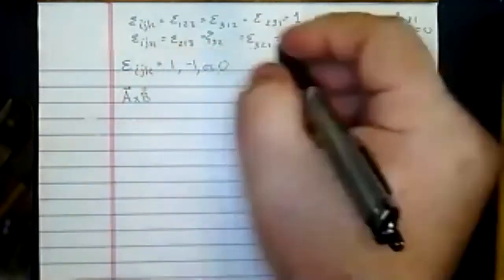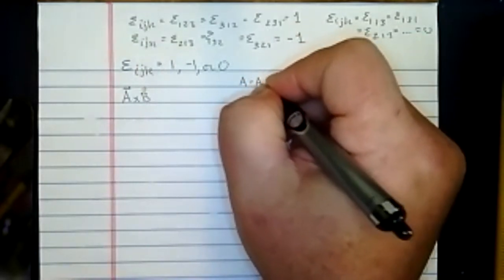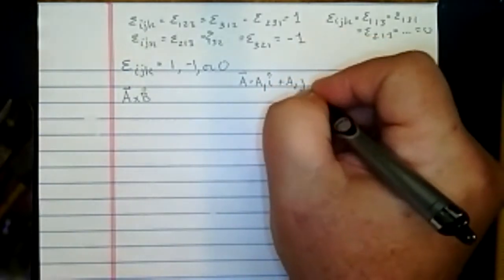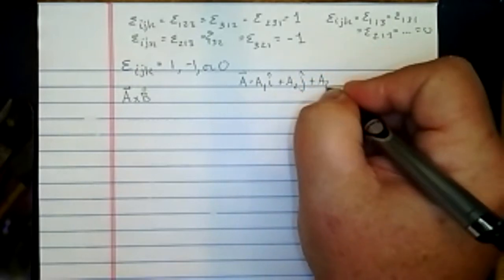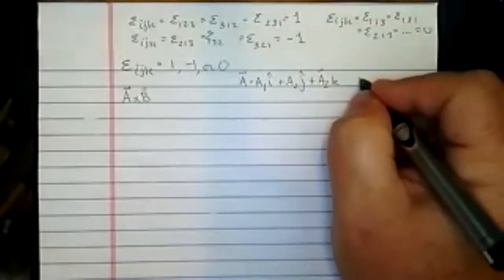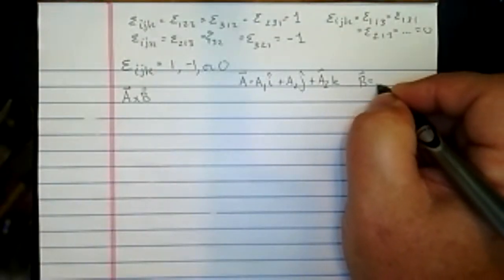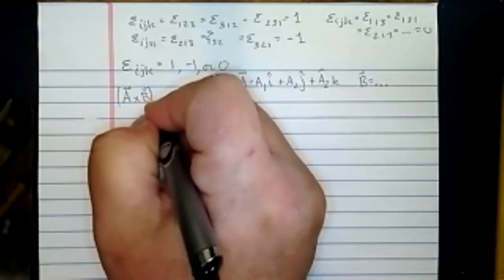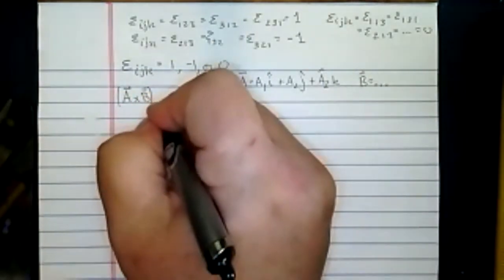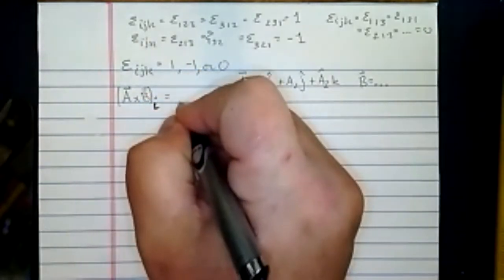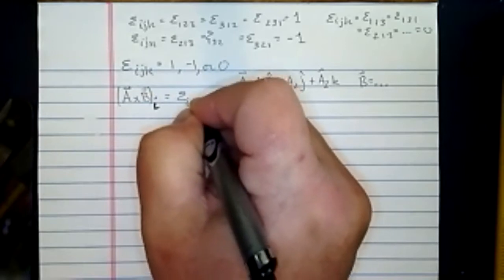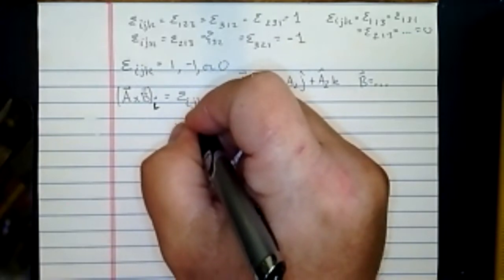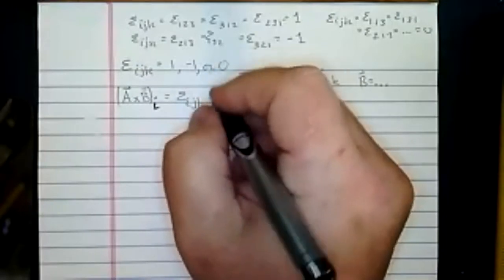We're basically saying that A would equal A1, meaning A sub X, i hat, plus A2, meaning A sub Y, j hat, plus A3, meaning A sub Z, k hat, and B would be defined similarly, where 1, 2, and 3 mean X, Y, and Z. So let me do the more general case: A cross B sub I is epsilon I, J, K. Normally, Einstein would require that the summation convention have one index up and one index down, but I'm just going to stick with all of them down, and that'll be fine.